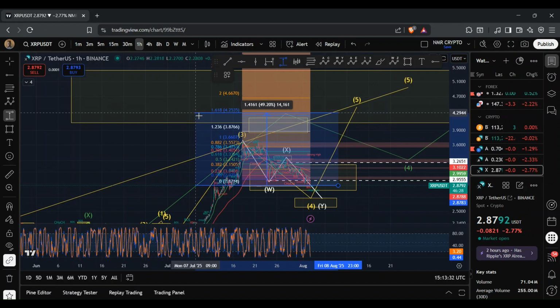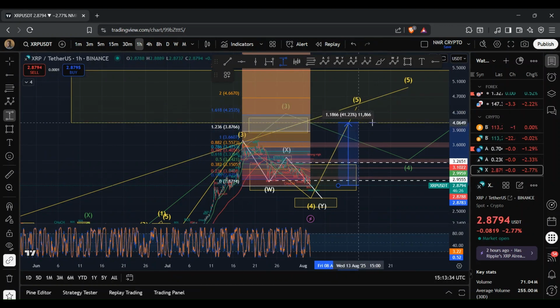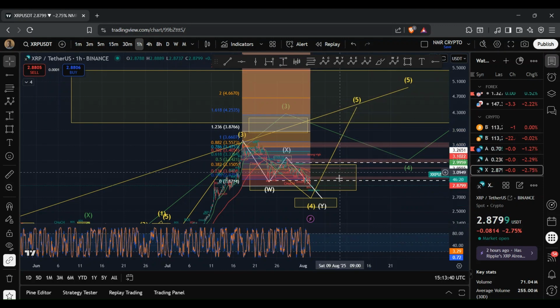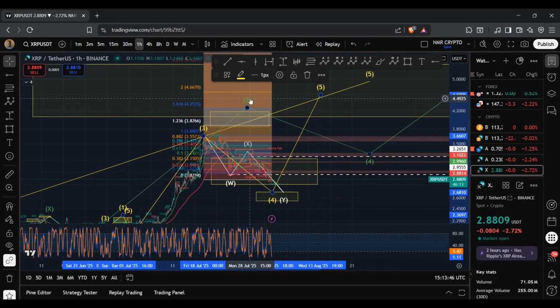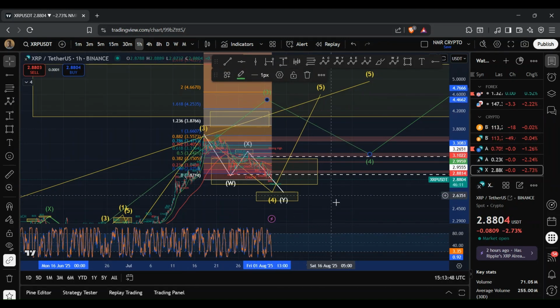And if we end up retracing towards the 1.618 level, then you can see gains of around 48%. And so yeah, I do see this as a good opportunity to be dollar cost averaging and buying at these low prices before we see that final push to the upside to complete this 5th wave, which in turn will then complete this 3rd wave here.